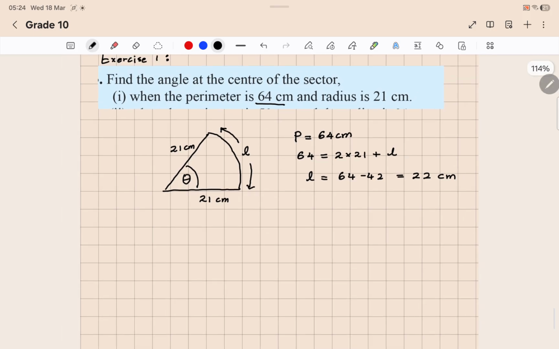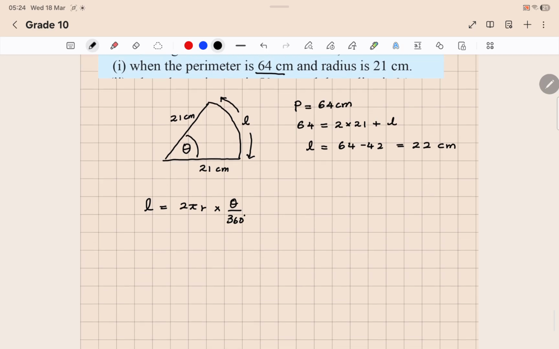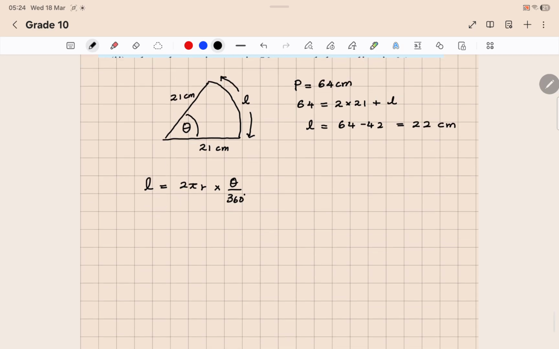So first we figure out the arc length, then use the arc length formula, which is 2 pi r times theta over 360, and theta is the unknown now. Angle is what we want to find. So let's write down what we know. Arc length we know, 22, 2 times pi we know, 22/7, radius we know, 21, theta we don't know, we want to find that, and over 360. Right, now simplify. 22 and 22 cancel, 7 and 21 cancel, you get 3.